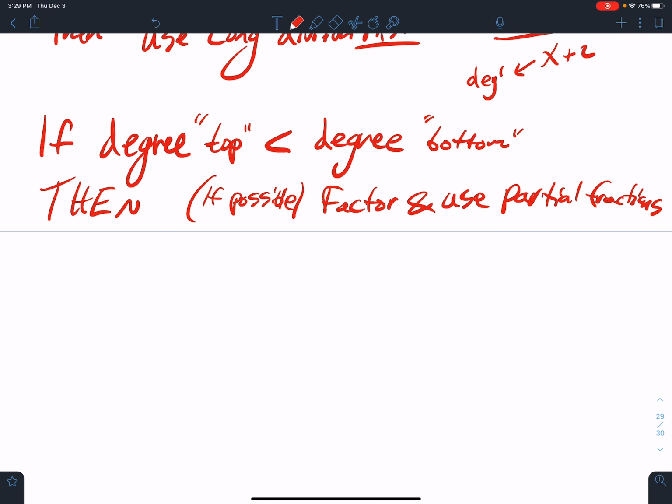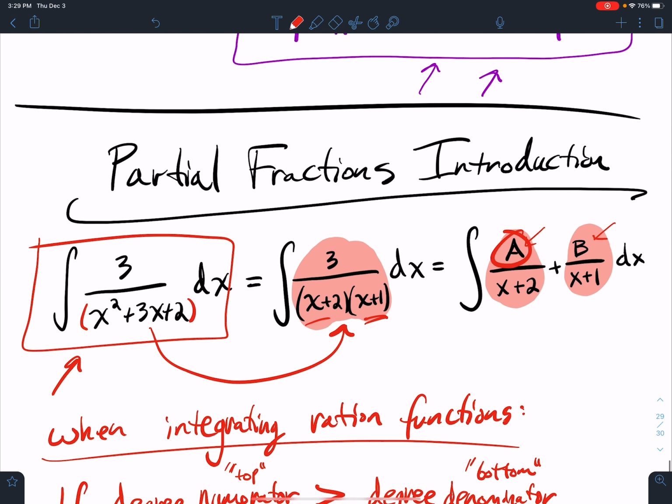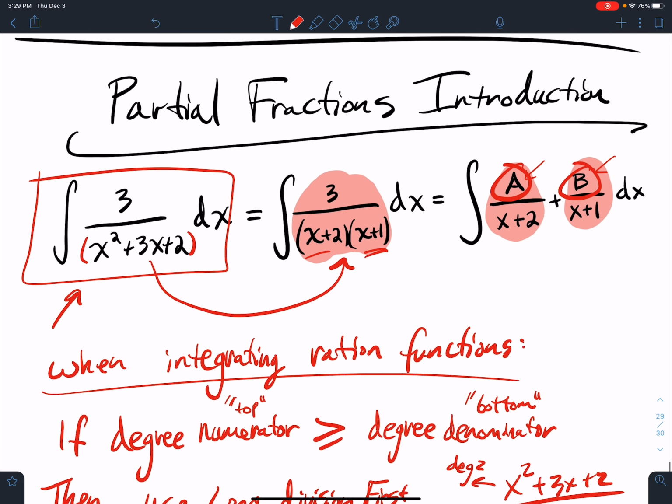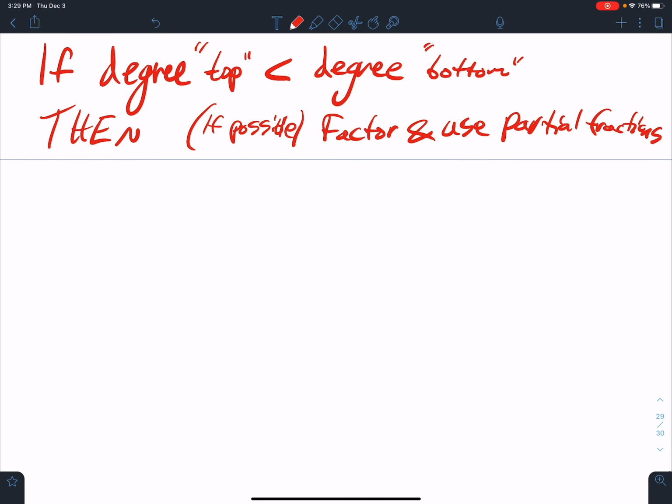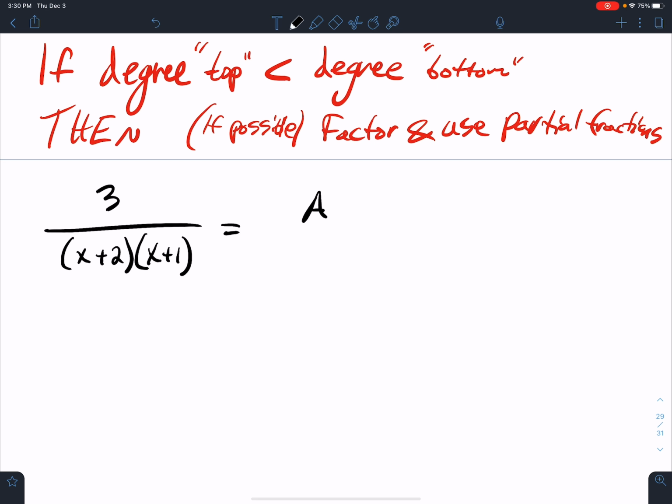So the question becomes, how do you get what these numbers are? Is this 1, is this 2, whatever, right? How do we figure that out? So let's take that problem there: 3 over x plus 2 times x plus 1 equals some number over x plus 2 plus some number over x plus 1.